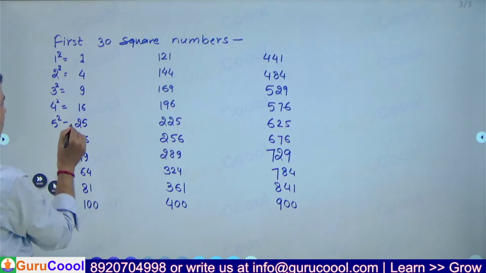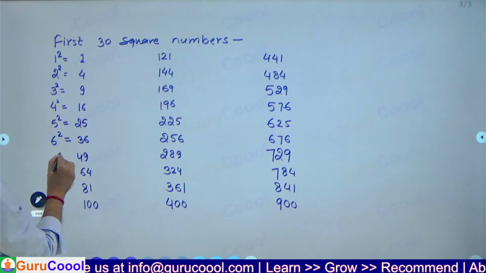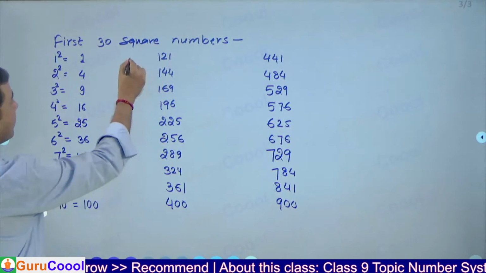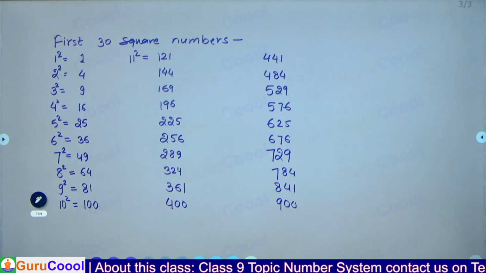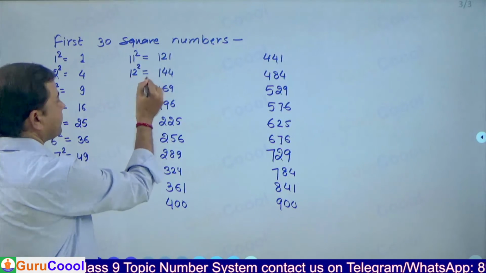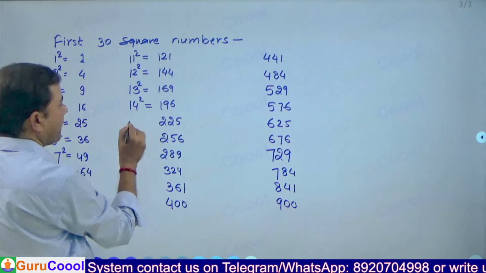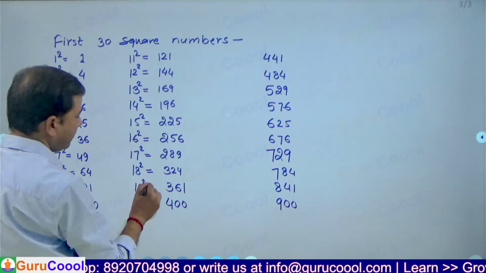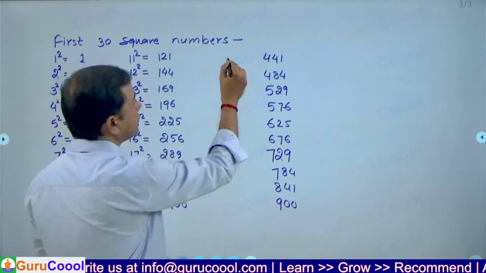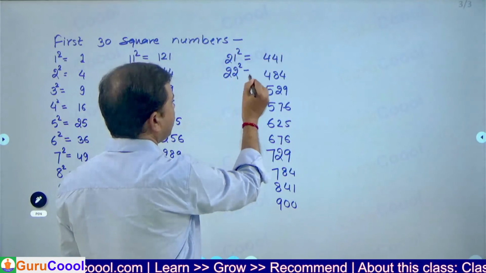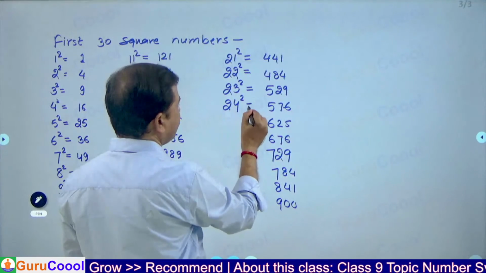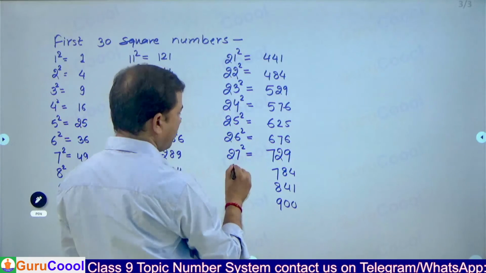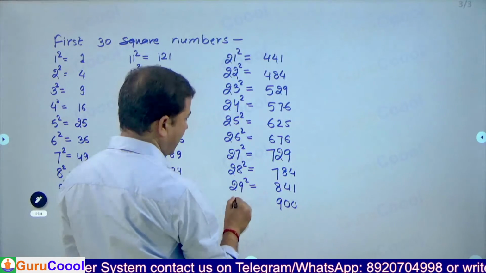4 square, 5 square, 6 square, 7 square, 8 square, 9 square, 10 square, 11 square, 12 square, 13 square, 14 square, 15 square, 16 square, 17 square, 18 square, 19 square, 20 square, 21 square, 22 square, 23 square, 24 square, 25 square, 26 square, 27 square, 28 square, 29 square, and lastly 30 square.